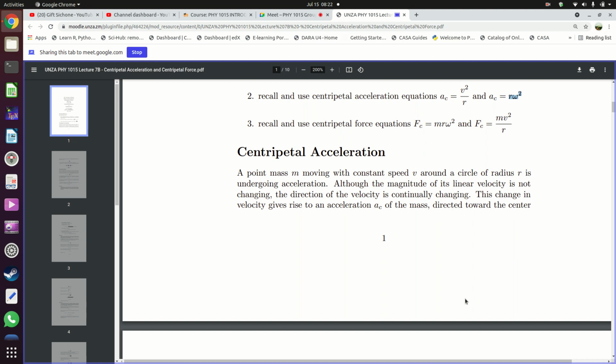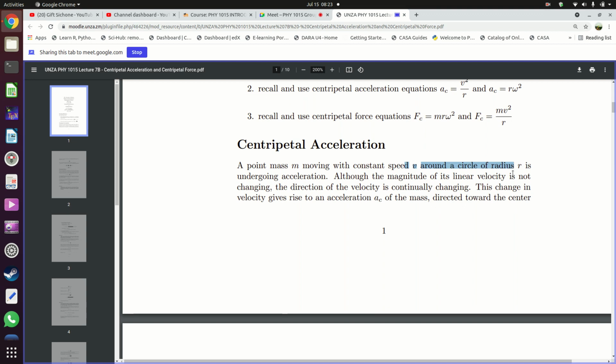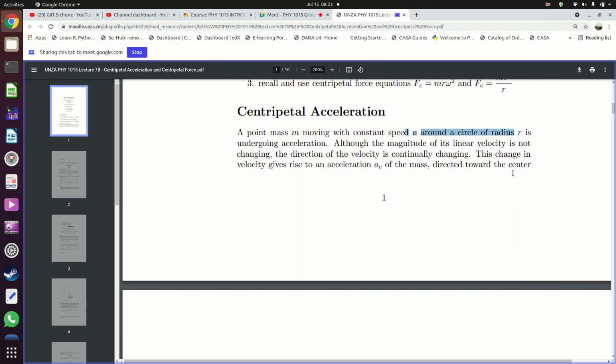Okay, so centripetal acceleration, a point mass. A point mass is basically a small mass. Sometimes it can be a small mass, sometimes it can be a very large mass, for example our planet, which is very large. So if you've got a mass moving with a constant velocity v in a circle of radius r, like I've said, this particular mass is going to be undergoing an acceleration.